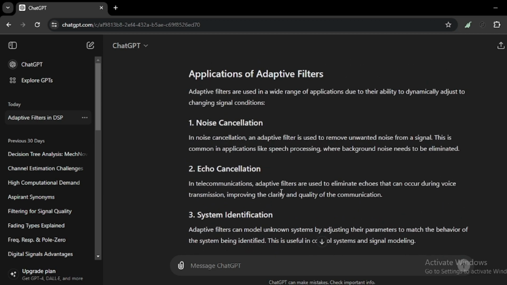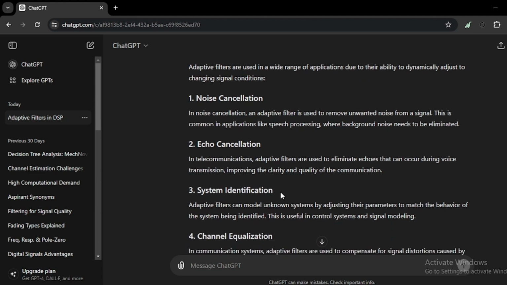Number 1, noise cancellation. An adaptive filter is used to remove unwanted noise from a signal. This is common in applications like speech processing where background noise needs to be eliminated. Number 2, echo cancellation. In telecommunication, adaptive filters are used to eliminate echo that occurs during voice transmission, improving the clarity and quality of communication.